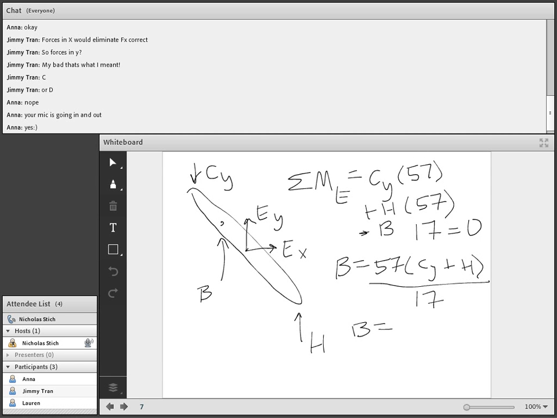And I get 6,705. And I think the answer that's attached to the problem in the handout says that B is equal to 6,710 pounds. So I think our answer is pretty close. All right. Any questions with this problem?